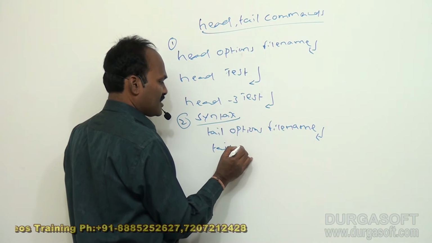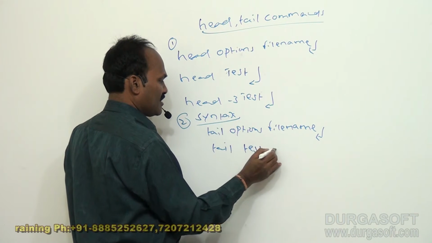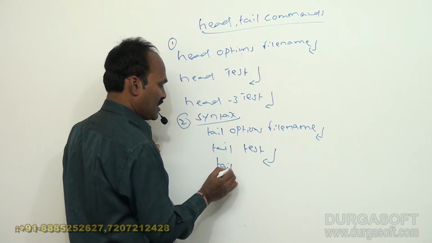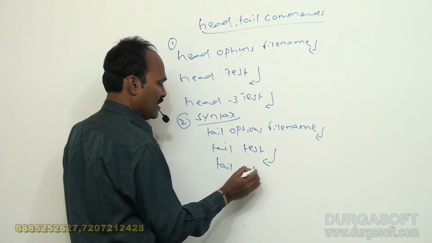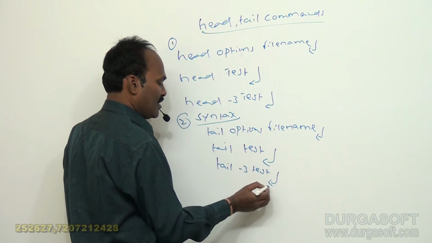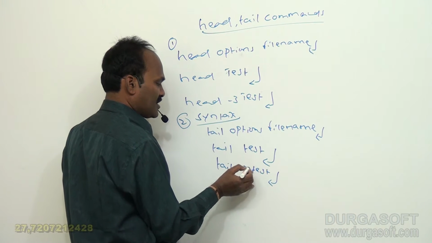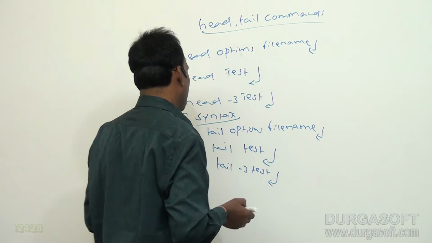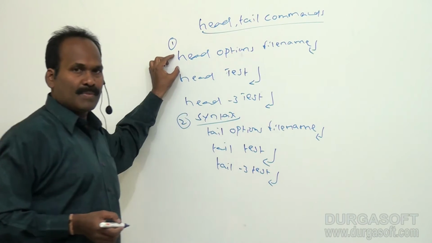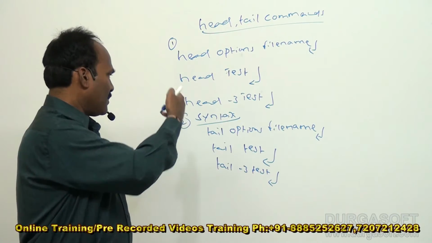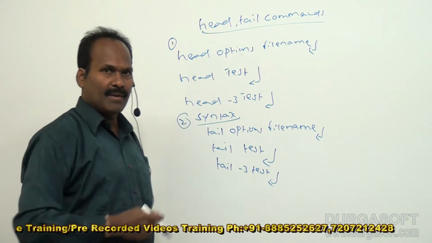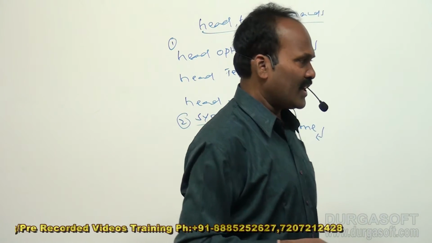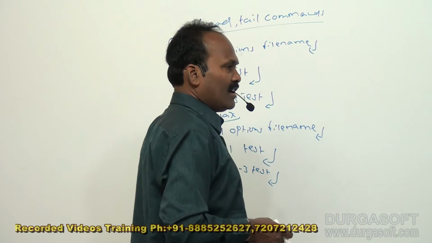By default, with tail test, the ending 10 lines will be displayed. You can also supply an option, like tail -3 test, which displays the last 3 lines of the test file. Like this, head displays the starting position, and tail displays the ending part of the specified file. So this is about the head and tail commands.